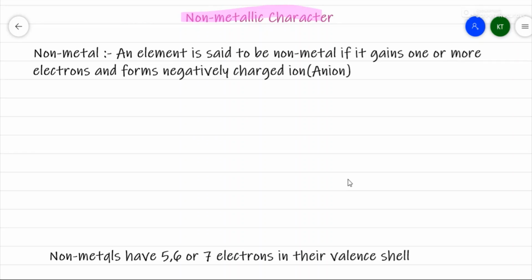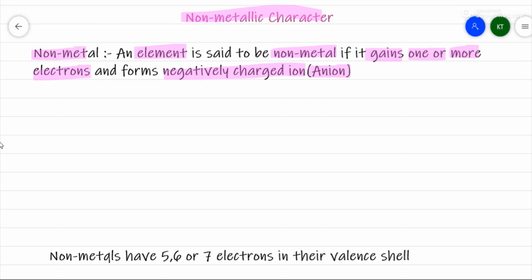Now, before going into that, let us know what are non-metals. An element is said to be non-metal if it shows a tendency to gain one or more electrons in its valence shell and results in a formation of negatively charged ion, which is known as anion.